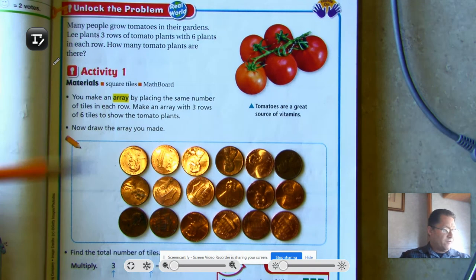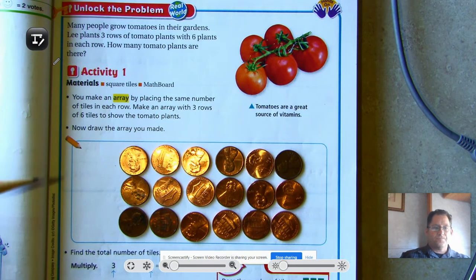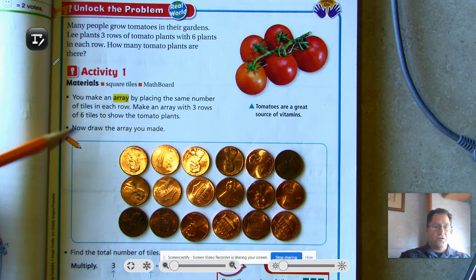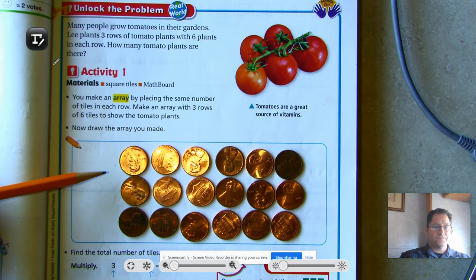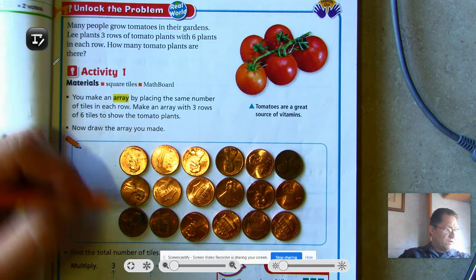So this is an array with 3 rows of 6 tiles. And then it says draw the array you make. So what did we do?